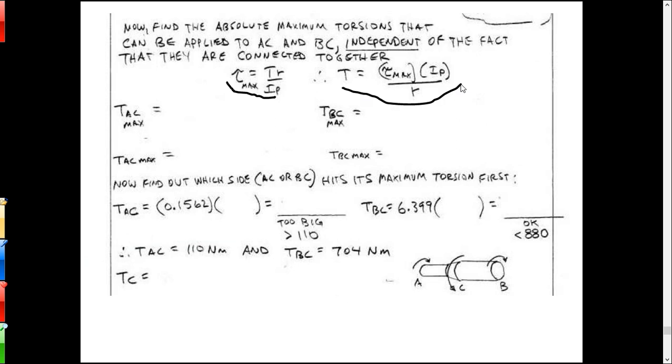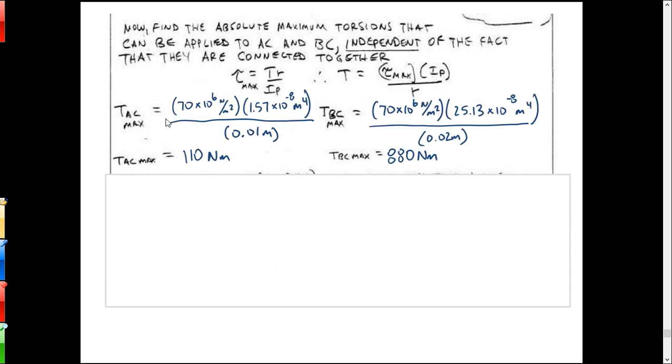All right. So what I can do then is I can plug in tau max into both of these, and I can solve it for the torsion. Okay. So what's going on there? If I go all the way up to the maximum allowable shear, which is 70 megapascals, the torsion in AC will be 110.